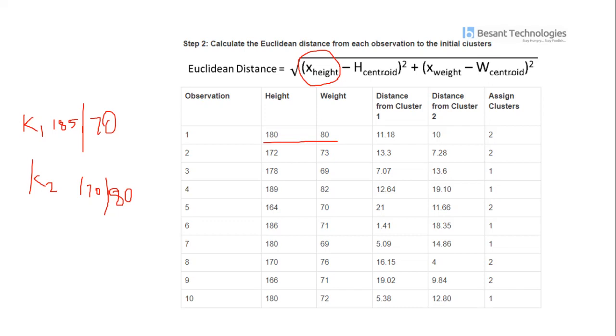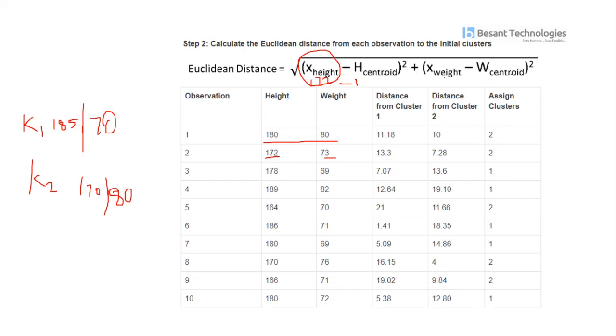For k2, the height is 172 minus 185, the whole squared, plus x weight, which is 73, minus w centroid, which is 80, the whole squared.